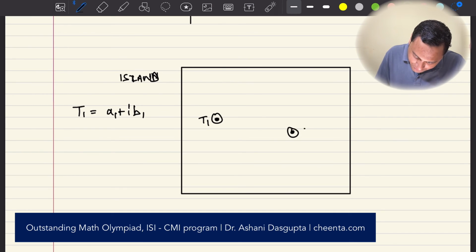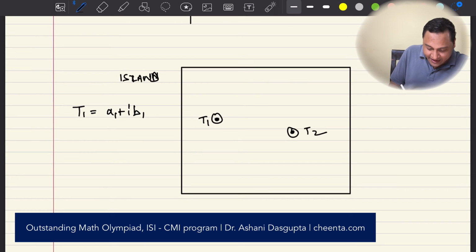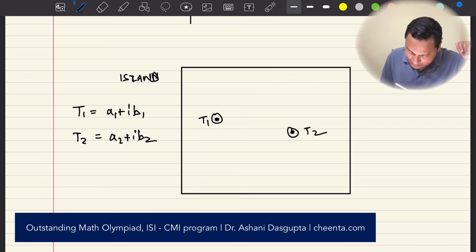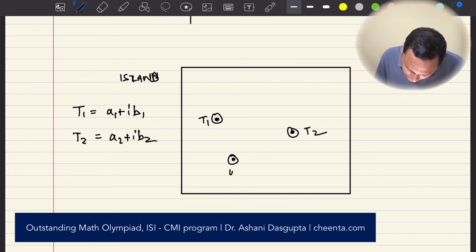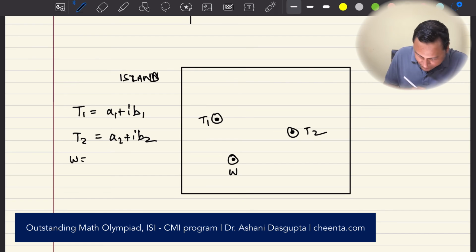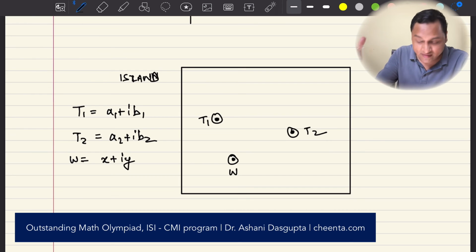And there is T2, which is A2 plus iB2. So what are we doing? Let's take an arbitrary position of the well, W. So W is equal to, let's say, X plus iY. Some position. We don't know what the position of W is.